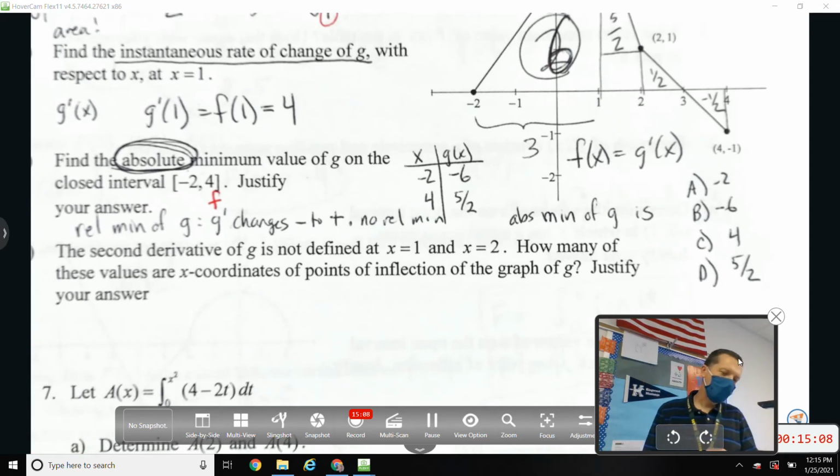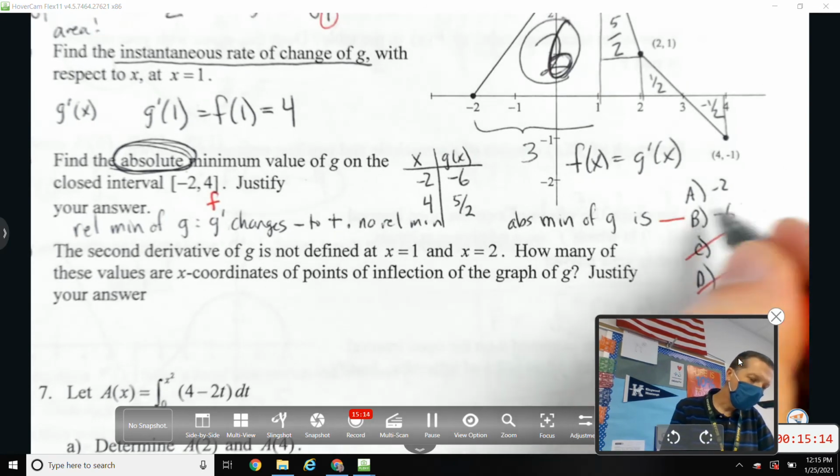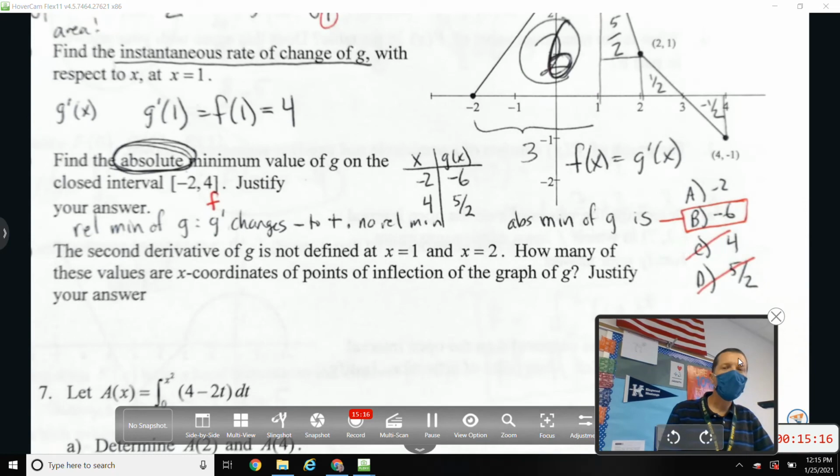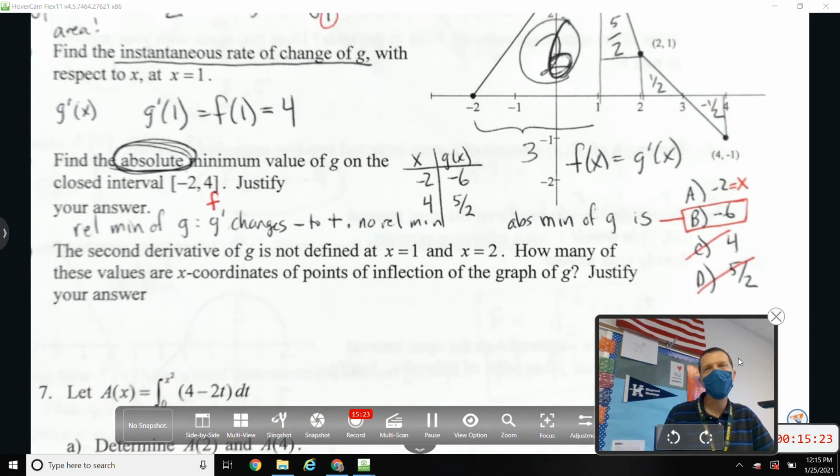You got it narrowed down. It's definitely not that. That's the maximum stuff. Well, the minimum value is -6 because that's the y value. This is the x where it occurs, but that's not what it asks for.